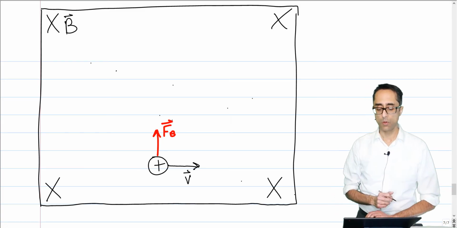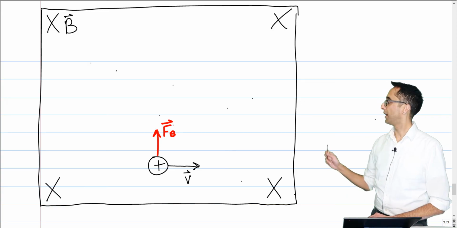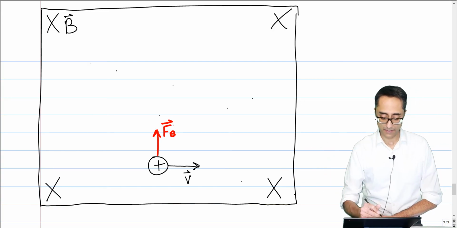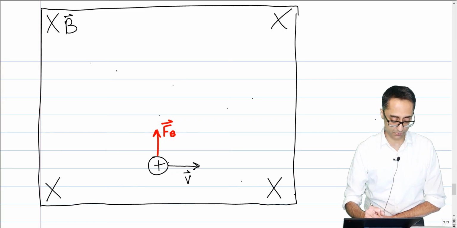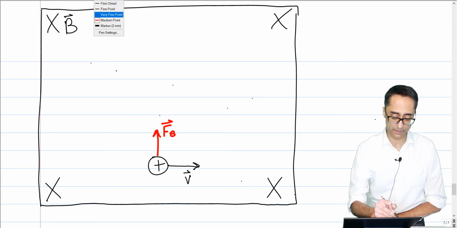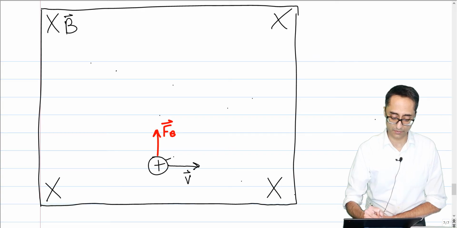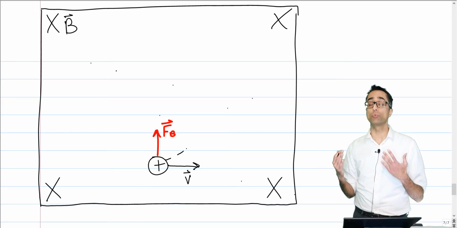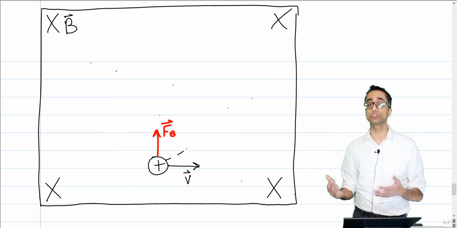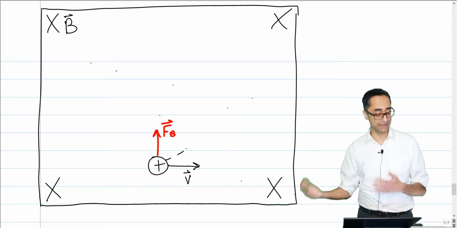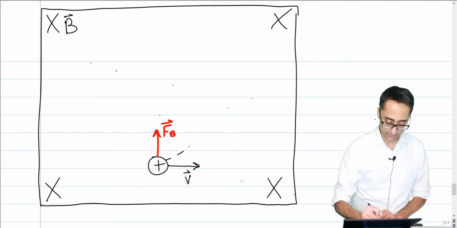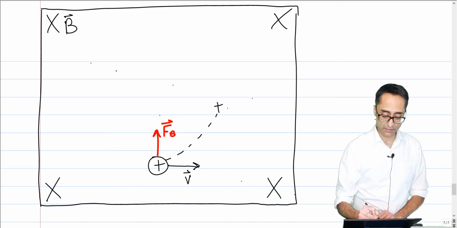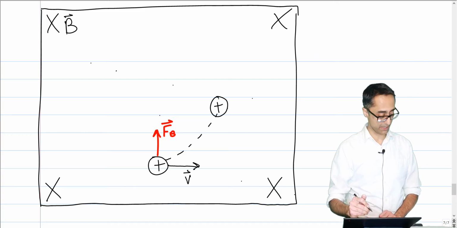And so, what is the combination of the force up and the velocity to the right? I expect it's going to start to move in this direction. And when it gets to some other point, then the direction of the velocity and the direction of the force change again and again, until eventually you're going to see that the charged particle has got up here now.